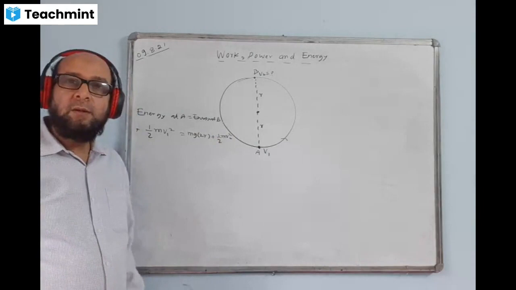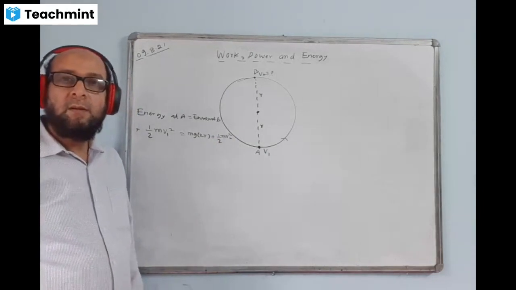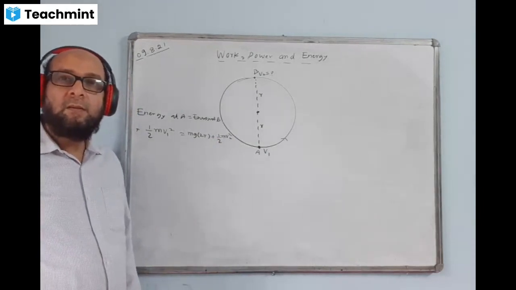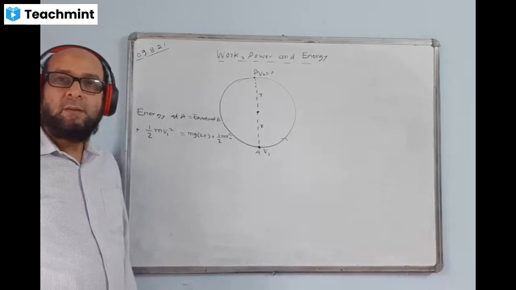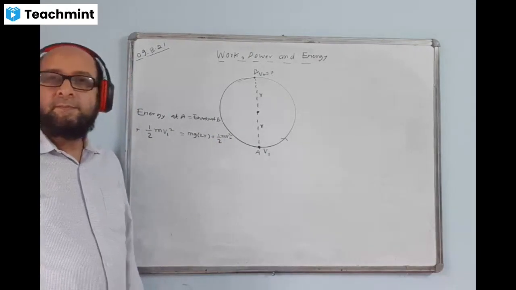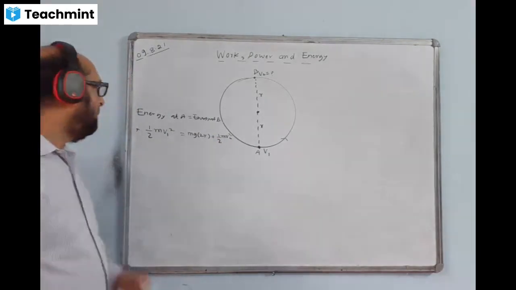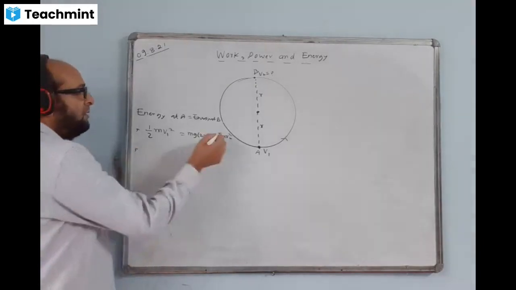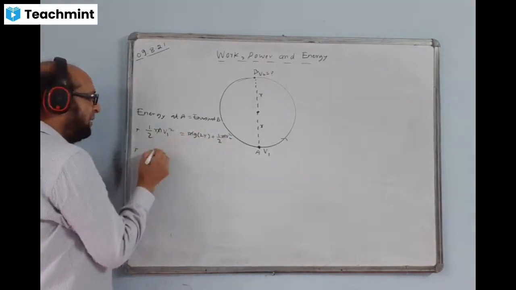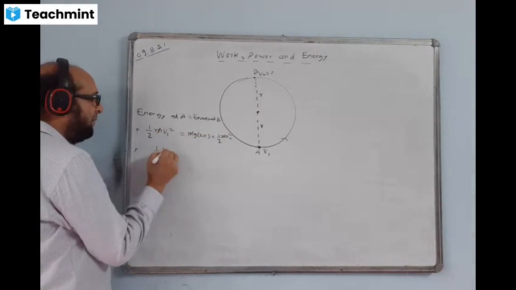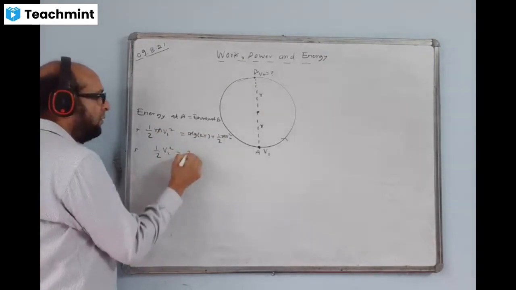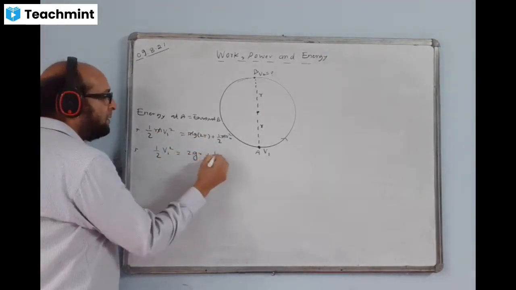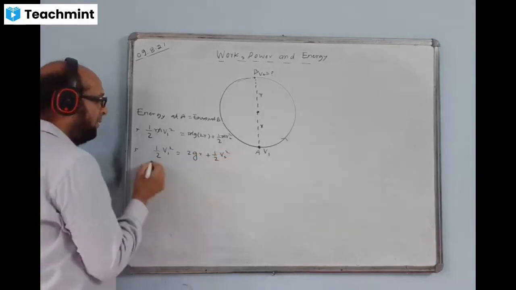Did you understand this point? Yes, sir. What do I do? The m cancels. Here you get half v1 square is equal to 2gr plus half v2 square.